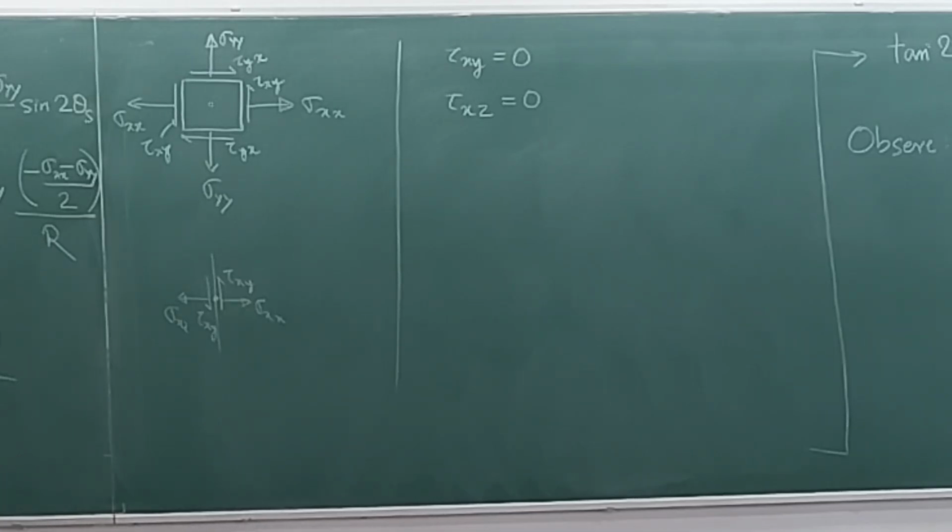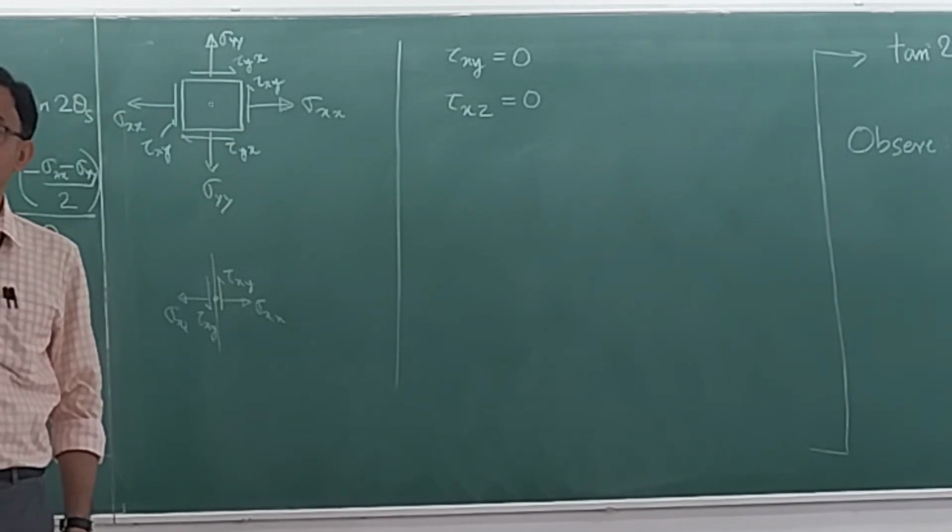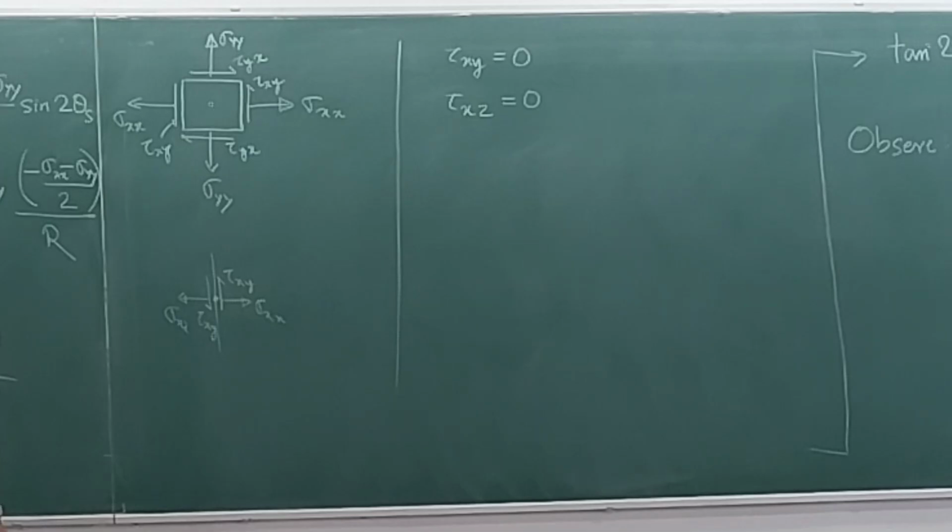So if you have that kind of a situation where the shear stresses are 0, what is the normal stress called? Look back at your notes. I'll repeat my question. Principal stresses. So the shear stresses are 0: tau xy is 0, tau xz is also 0.